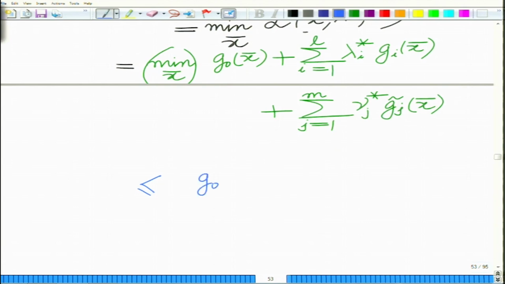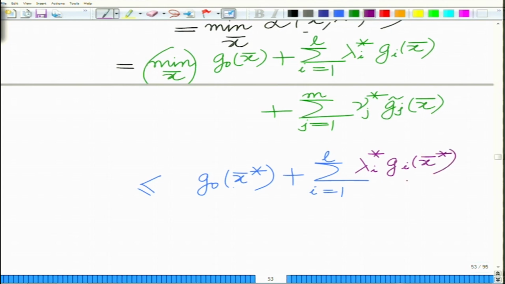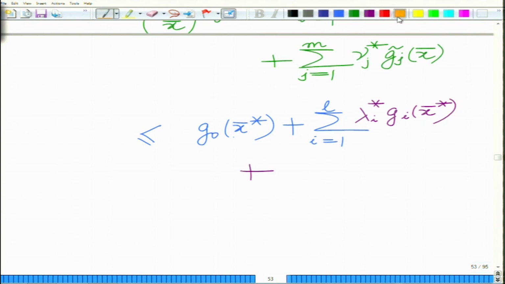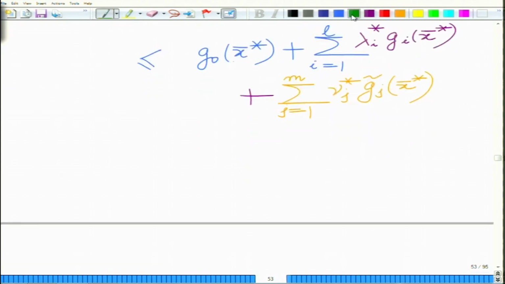So, therefore, this is less than or equal to g naught of x bar star plus summation i equals 1 to l lambda i star g i of x bar star plus summation j equals 1 to m nu j star g j tilde x bar star, which is less than or equal to g naught.